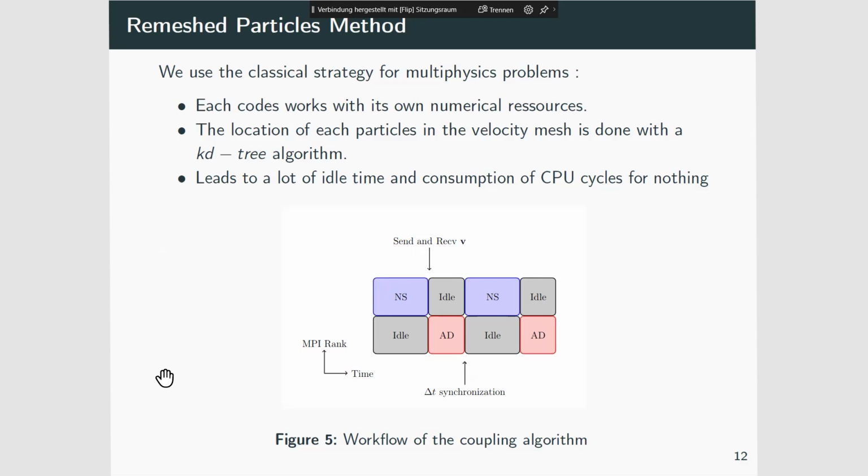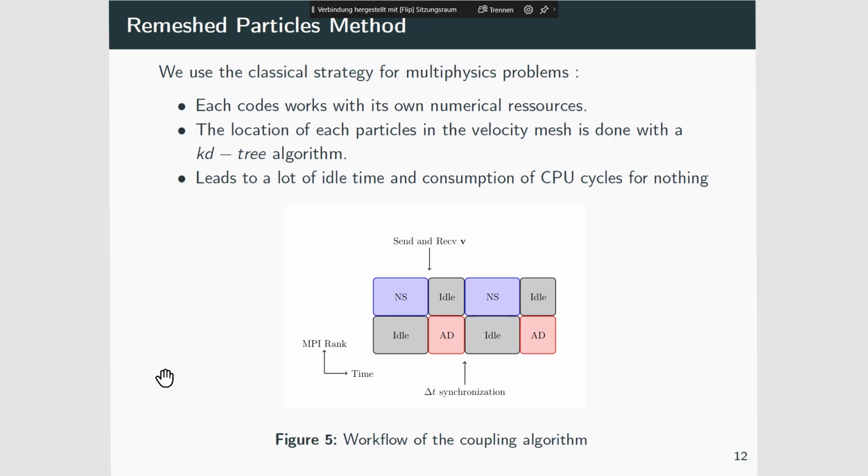The problem with that overloading process is that a lot of CPU cycles are used just waiting for a message, in this case sending or receiving the velocity field, or at the end of the advection diffusion equation, there is a delta T synchronization, which is also a moment when a lot of processors have to wait.